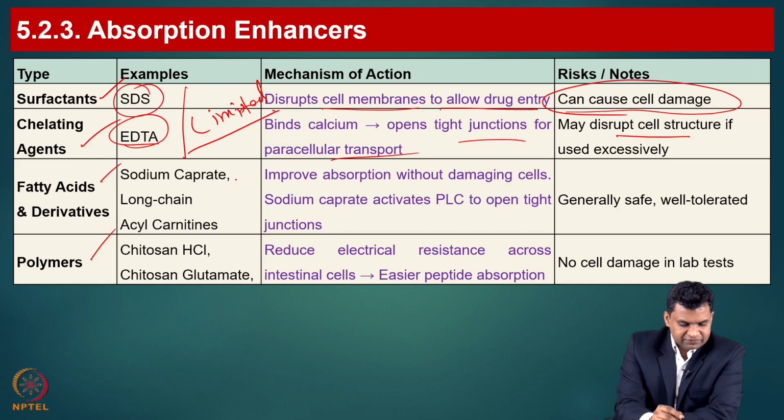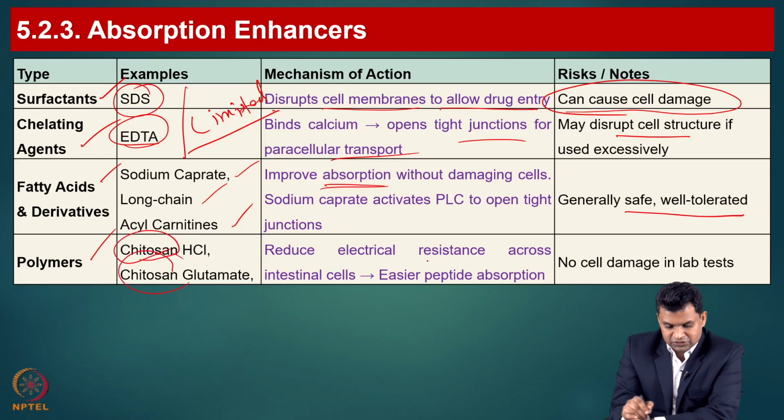And fatty acid derivatives, such as sodium caprate and long chain acyl carnitines, will also improve the absorption. They are safe and well tolerated. Polymers, as we know, such as chitosan derivatives, can also reduce the electrical resistance across the intestinal cells, which will improve the absorption.